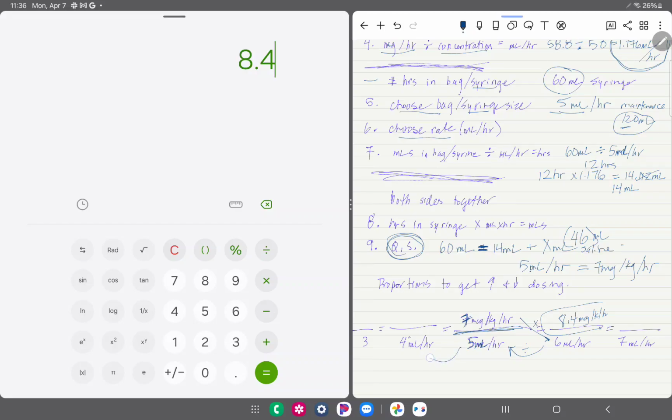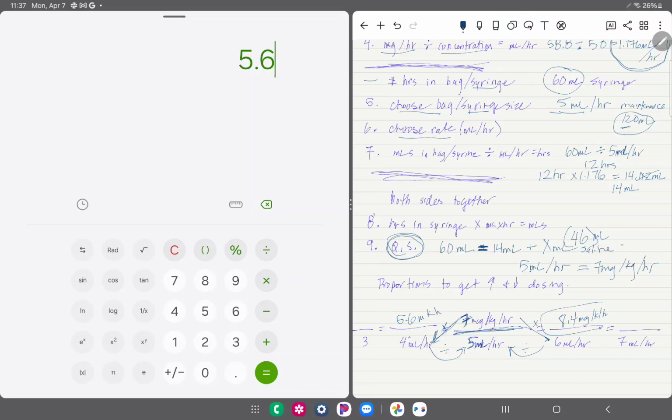Now let's say I have to go down, right? He's not having a good time on 7 mic. I maybe overshot the mark. That's okay. Again, opposites is going to be times, and across is going to be divide. So if I take 7 times 4 divided by 5, I'm going to get 5.6 mic per kg per hour.